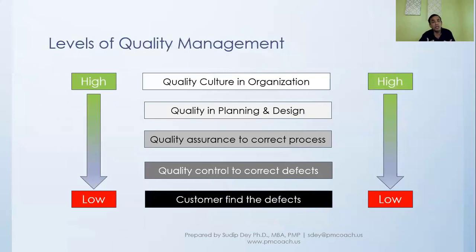We don't have a process, we don't think about quality, we deliver what was asked of us, and we don't even go through a rigorous quality control. As a result, when it goes into the customer's hands, they find the defects. That is very costly because this is when you start losing business, and the customer loses confidence.